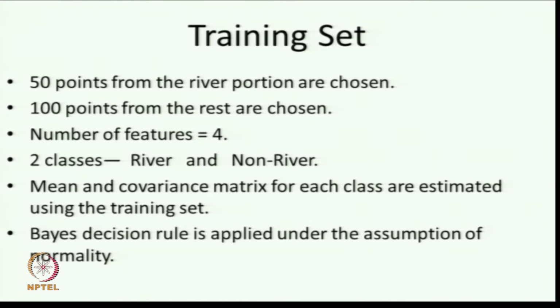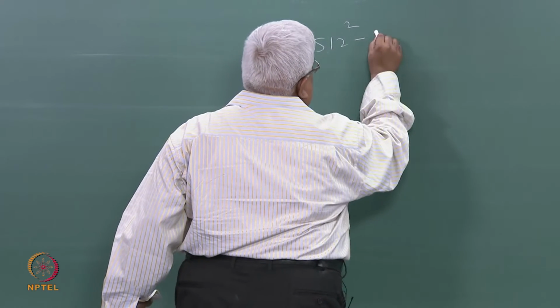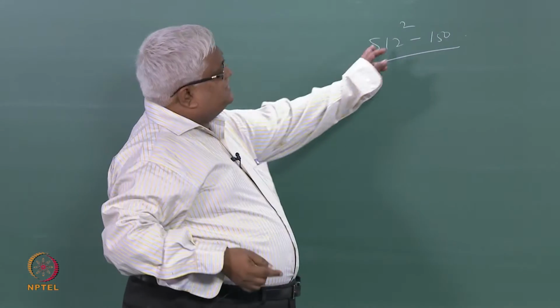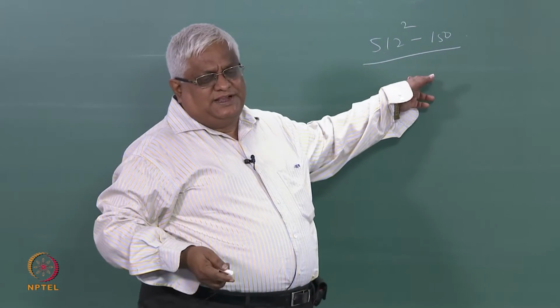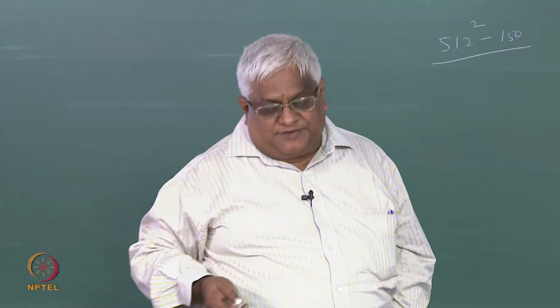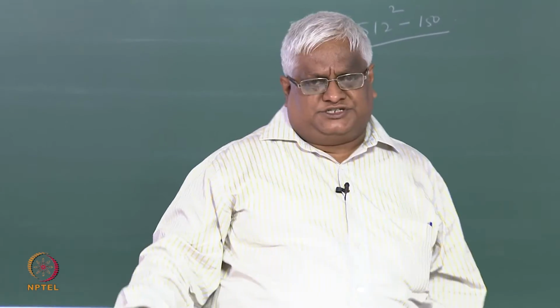This is the training set, and the test set is all the rest, that is, 512 squared minus 150. This is the test set size, and the training set is 100 points from the non-river portion and 50 points from the river portion.